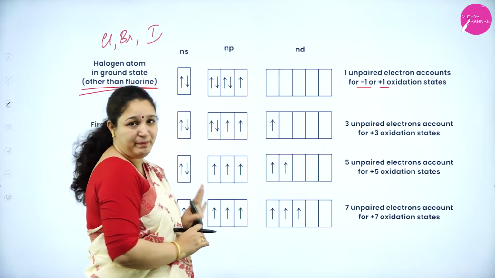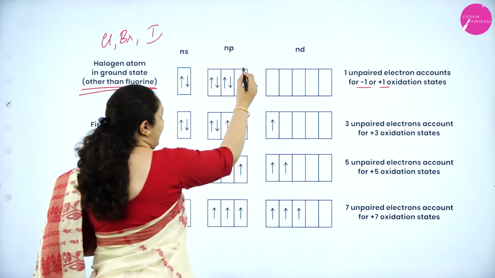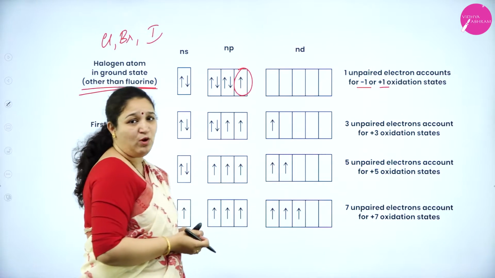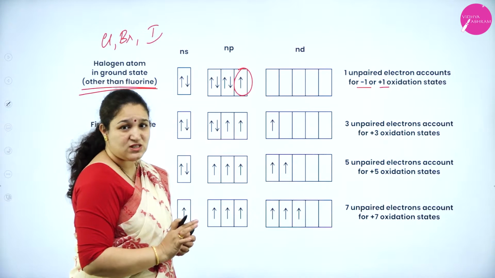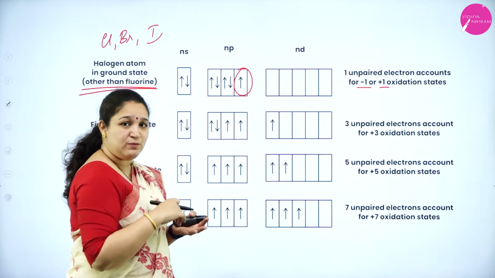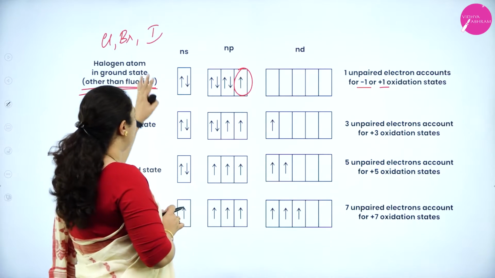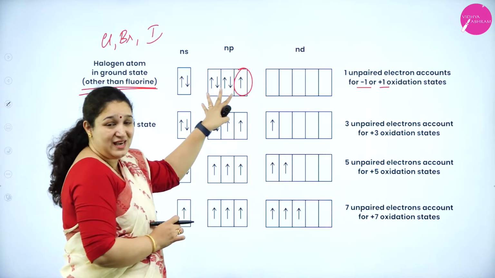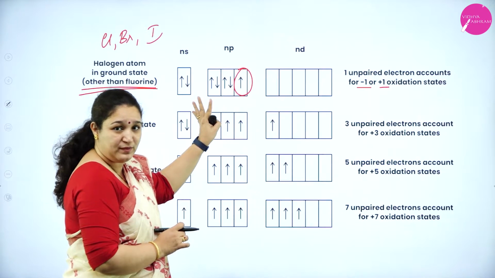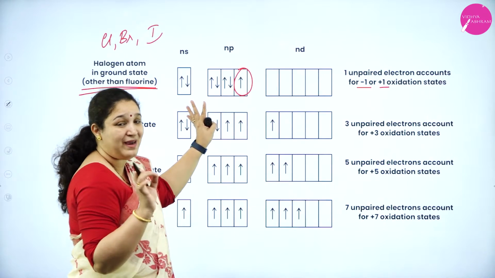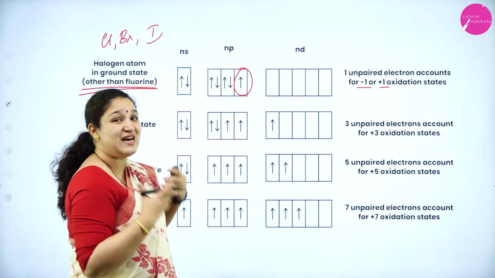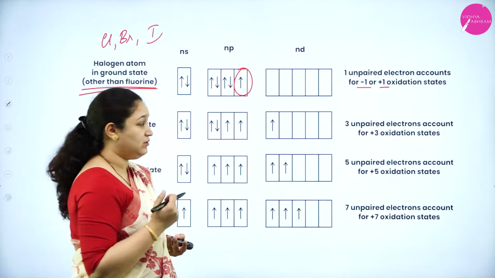So if this is shared to form the bond, it will show +1 oxidation state, or it completely takes up one electron, it will show -1 oxidation state. This can be even for fluorine, but not +1, only -1 oxidation state, because it is highly electronegative in nature.